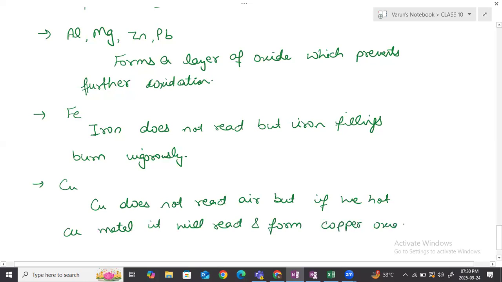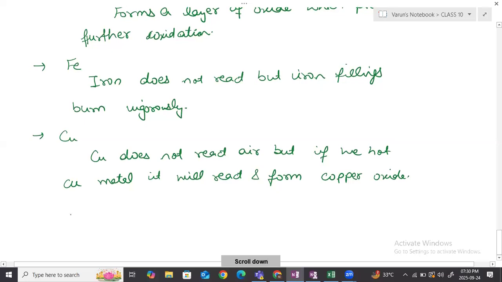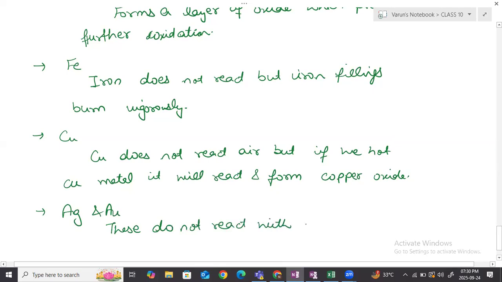Clear? And next we have silver and gold. These do not react with air. Is it clear?